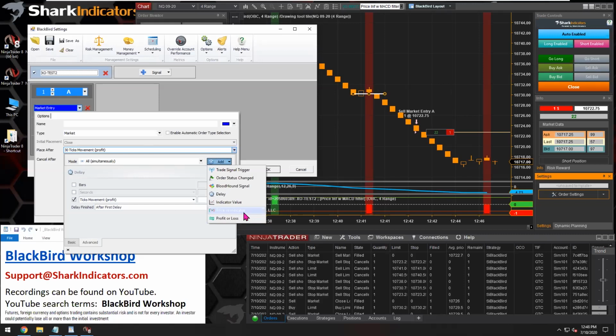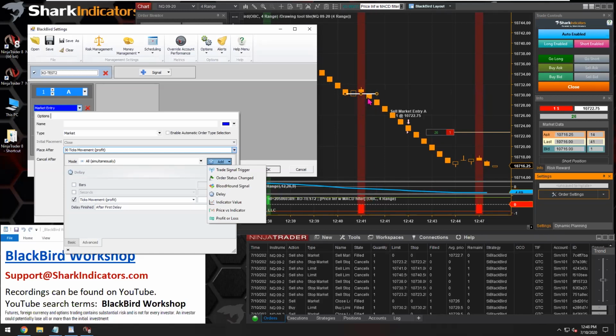So I'm just trying to think of some actual practical examples. Okay, here's a practical example. Let's say you get a bloodhound signal, but you only want to take the trade if the volatility in the market is really extreme. That wouldn't apply to a range chart, but maybe you're trading on a minute chart and you want the volatility to be really high before getting into the trade, right?